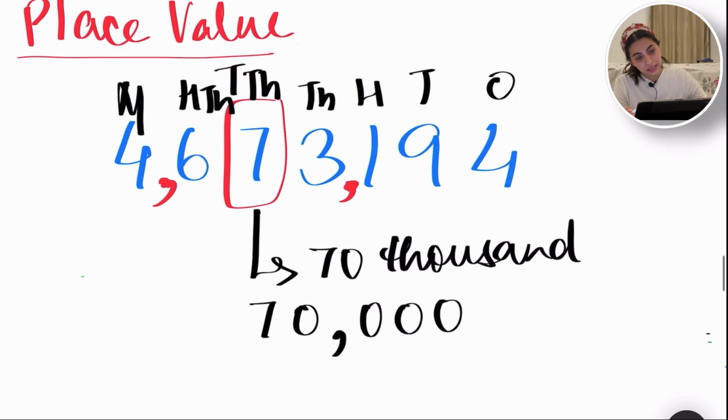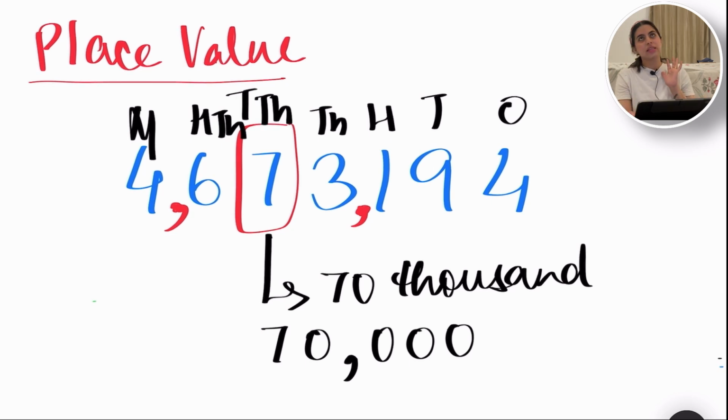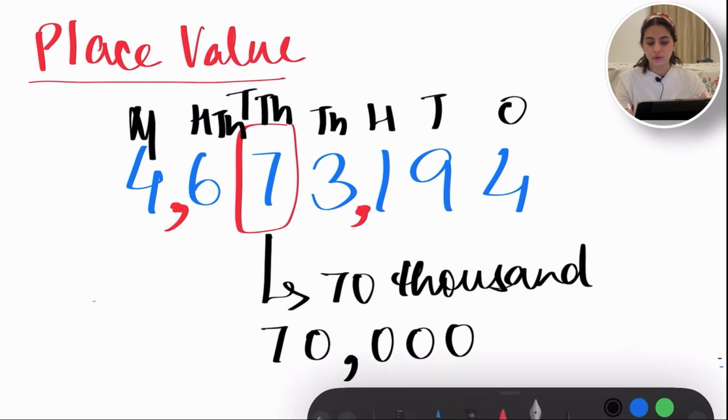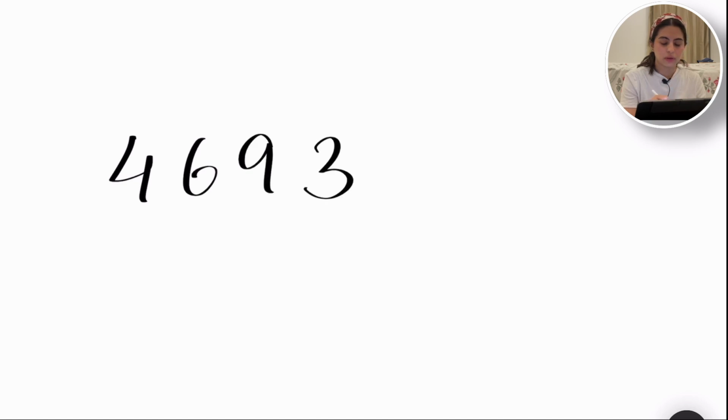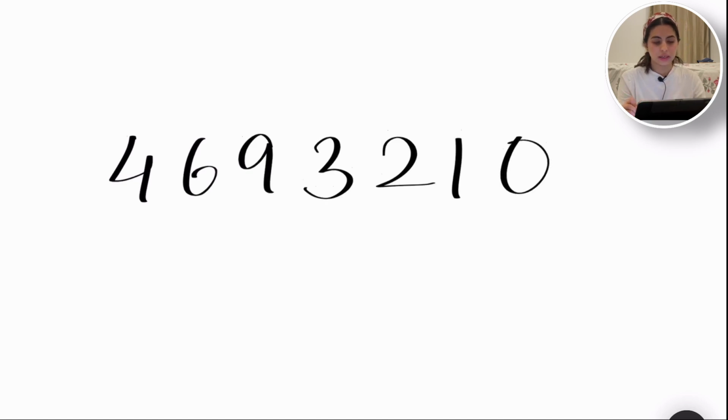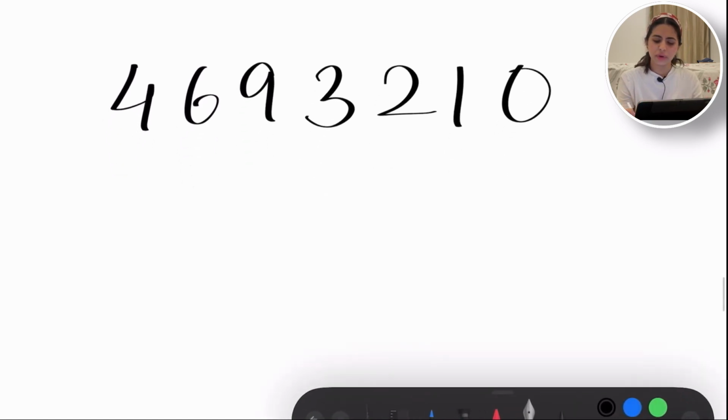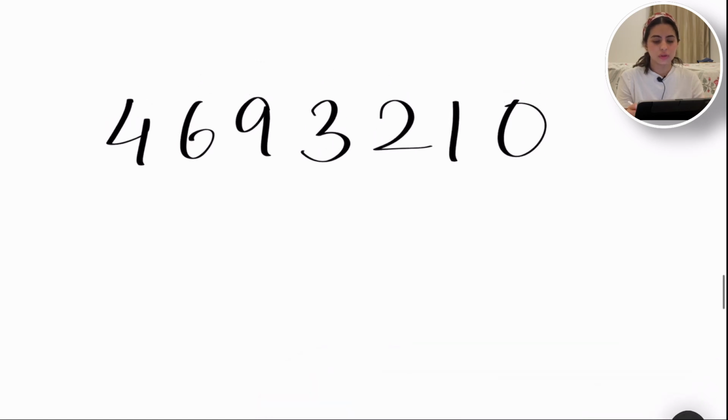Now additionally, I would like to tell you that there might be some questions asking you the difference between the place values. So if I have a number like this, and let me make it into the Indian system. Here we go. Now my question is, find the difference.